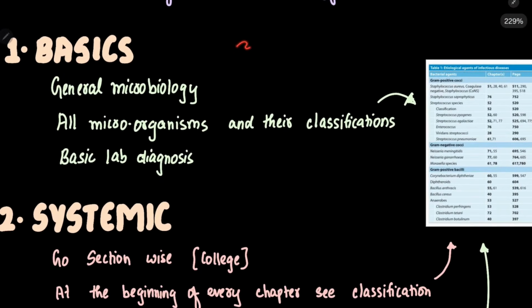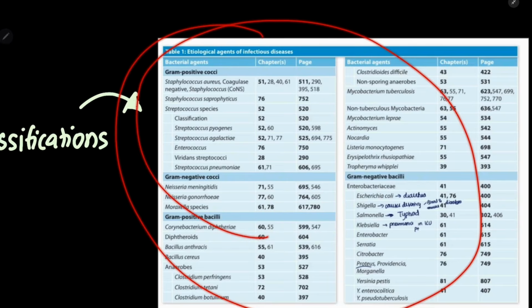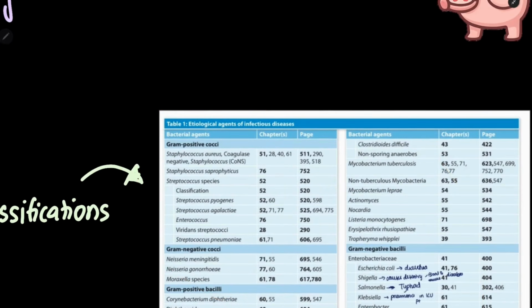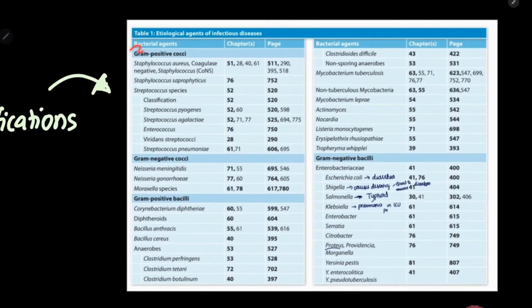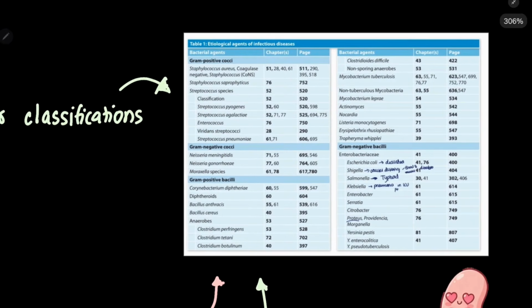So when you're doing your bacteriology, let's say, focus on this page in Apurva Shastri. It's going to be at the beginning after your chapter section index. This page where all the organisms are listed. I cannot stress enough on this table. I love this table.